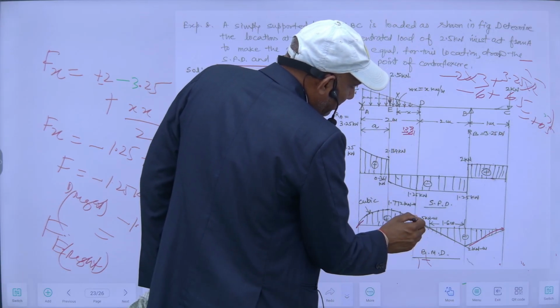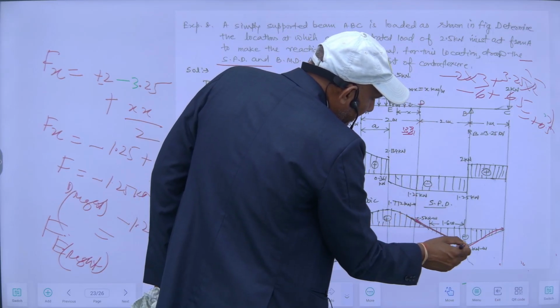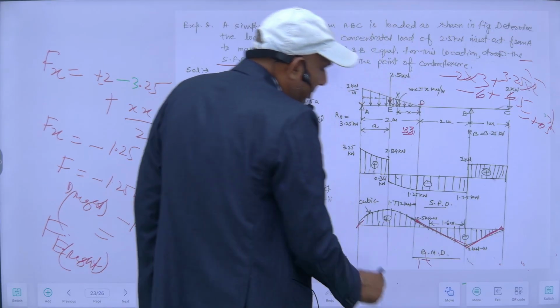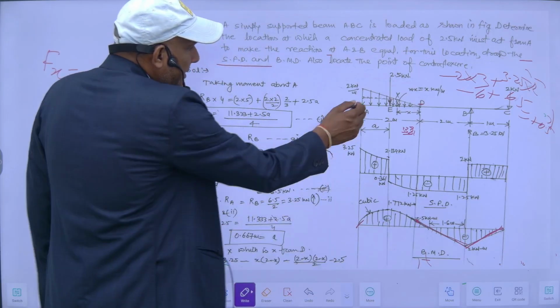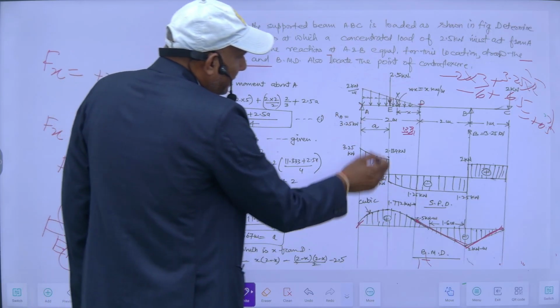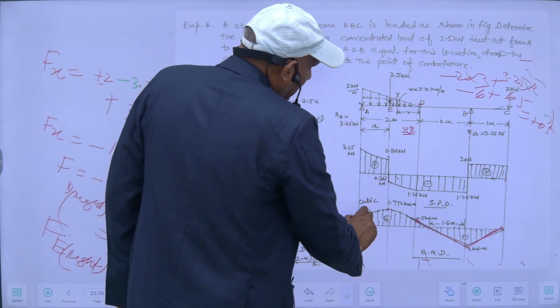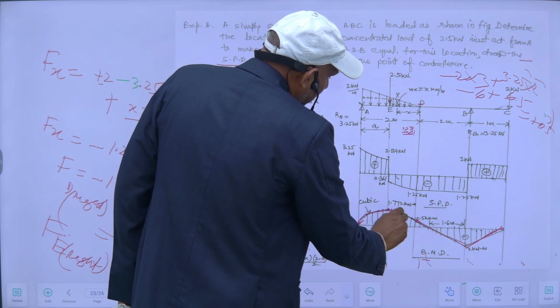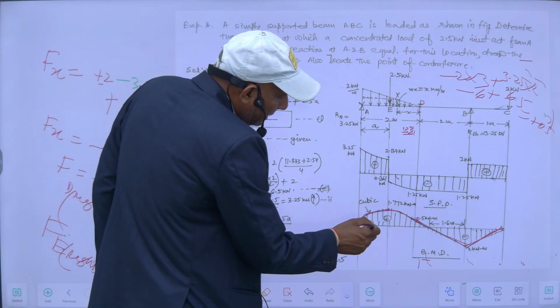From here to here it is a straight line because no load is acting. It is 0.5 here at this point, and it is 0 here, and it is maximum at this E point where the shear force is changing, and this will be a cubic parabola. So this is the bending moment diagram.